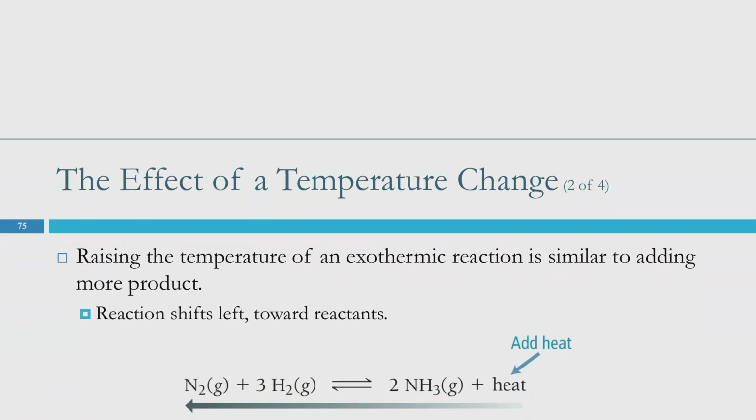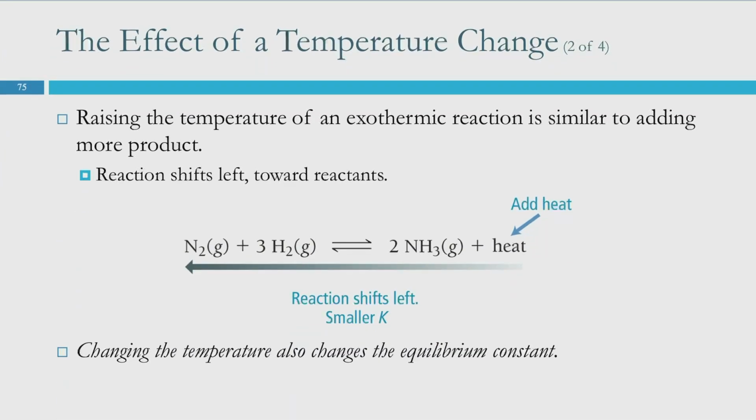So the way that a temperature change can affect things is you might be told, for example, that you have an exothermic reaction. So you would write in plus heat on the product side. That would not be given to you. So you can write that in if you're told that it's an exothermic reaction.